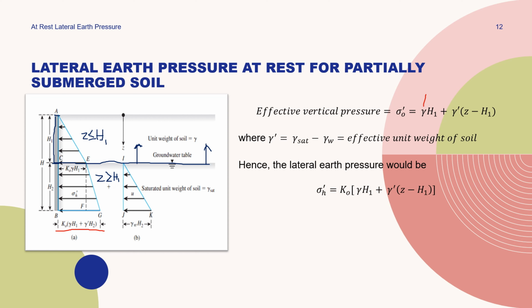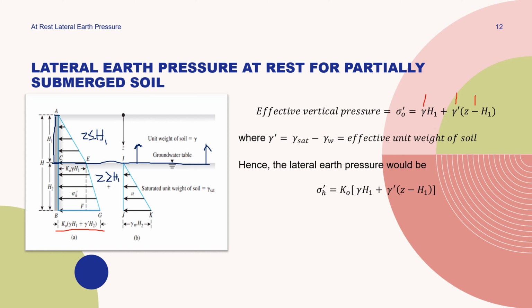Kanang H1 makita na sa figure, plus ang gamma prime times Z minus H1, where kani siya ang distance gikan sa groundwater table to the point of interest under the said table. And ang gamma prime mao ni siya ang effective unit weight of soil.